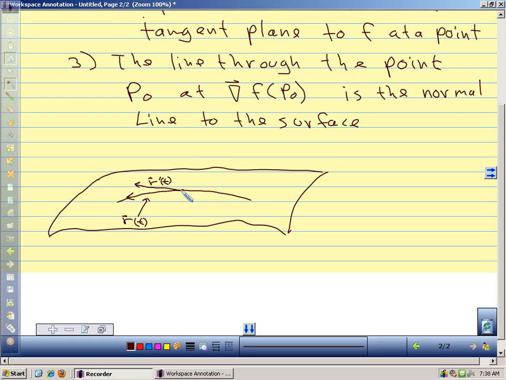And del f is going to be here. And f of x, y, z is a constant, and we'll say equals 0. That's a right angle, and this is our point P0.